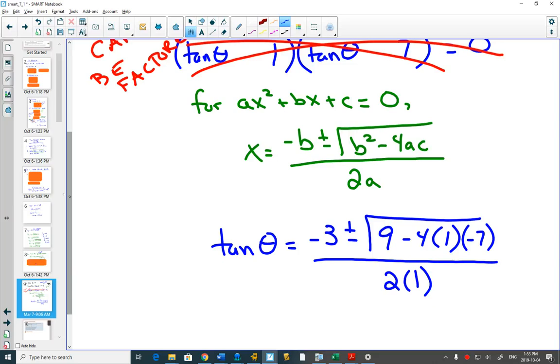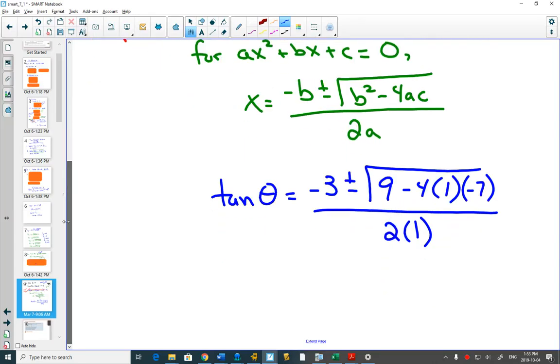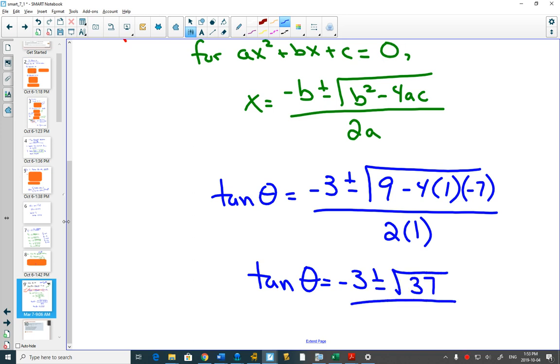Now, if we simplify this equation a little bit, we get tan theta equals negative 3 plus or minus the square root of 9 plus 28, 37, all over 2.